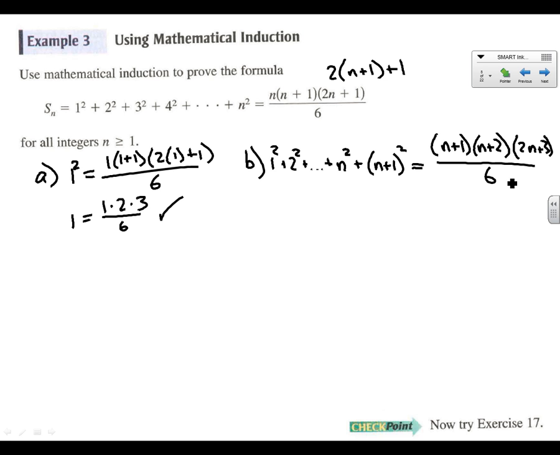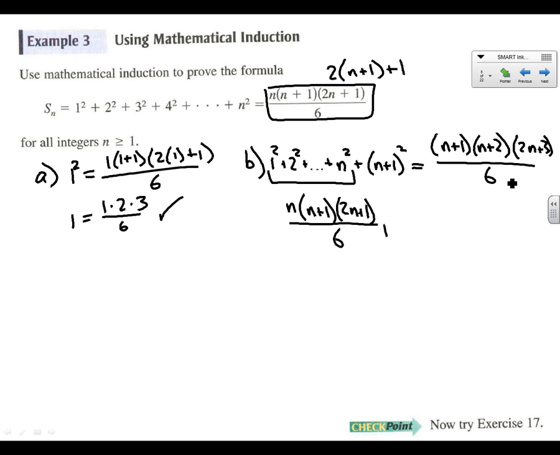Okay, what does this whole part equal? We think that it equals this, so we're going to substitute it in. n plus 1, 2n plus 1, all over 6, plus this one here. And I'm just going to make it 6 times n plus 1 squared over 6 so that we can have a common denominator. Does that equal n plus 1 times n plus 2 times 2n plus 3 all over 6?